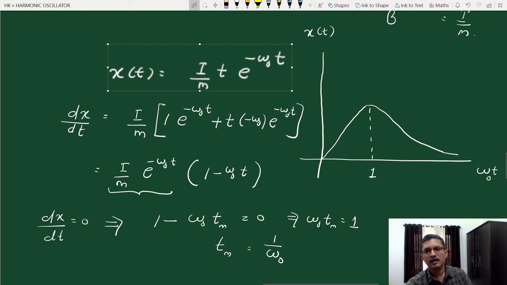The maximum will occur at the time 1 by omega 0, or omega 0 t equal to 1. We cannot interpret it as an angle because there is no oscillatory motion here. So the maximum occurs at omega 0 t equal to 1, or simply at the time tm equal to 1 by omega 0.